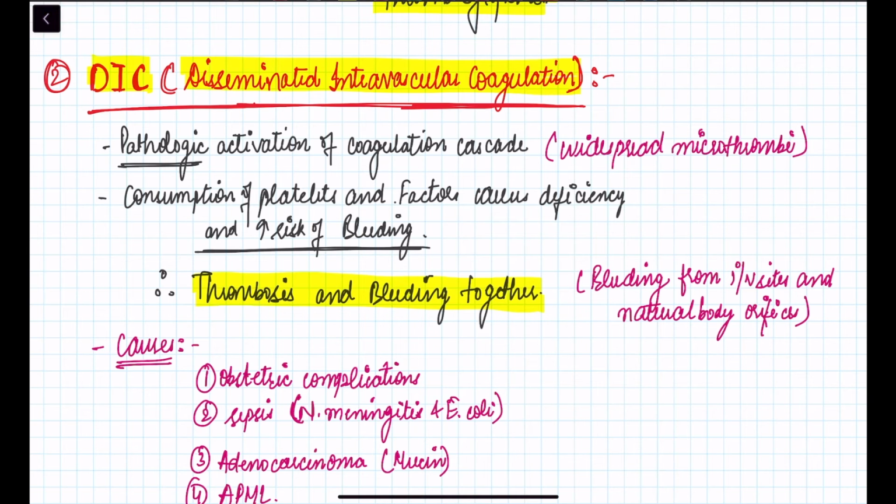So there could be bleeding from the intravascular sites or bleeding from the natural body orifices. So you need to understand the contradictory situation, that there is thrombosis going on as well as bleeding going on in disseminated intravascular coagulation. That is why the word disseminated. It's widespread, it's intravascular, there's coagulation and risk of bleeding as well.